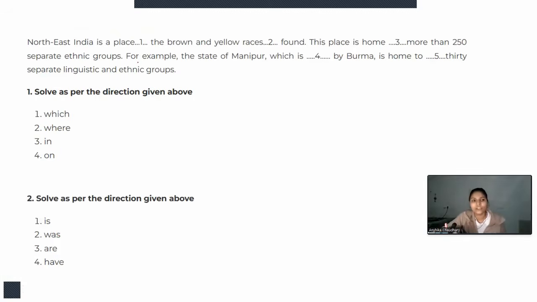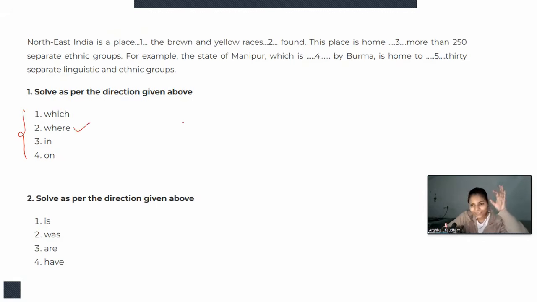So the next cloze is: Northeast India is a place, the brown and yellow races. For filling up the first blank, we have to use these four options. Northeast India is a place where the brown and yellow races are found. First of all, we need to fill this place. Why "where"?